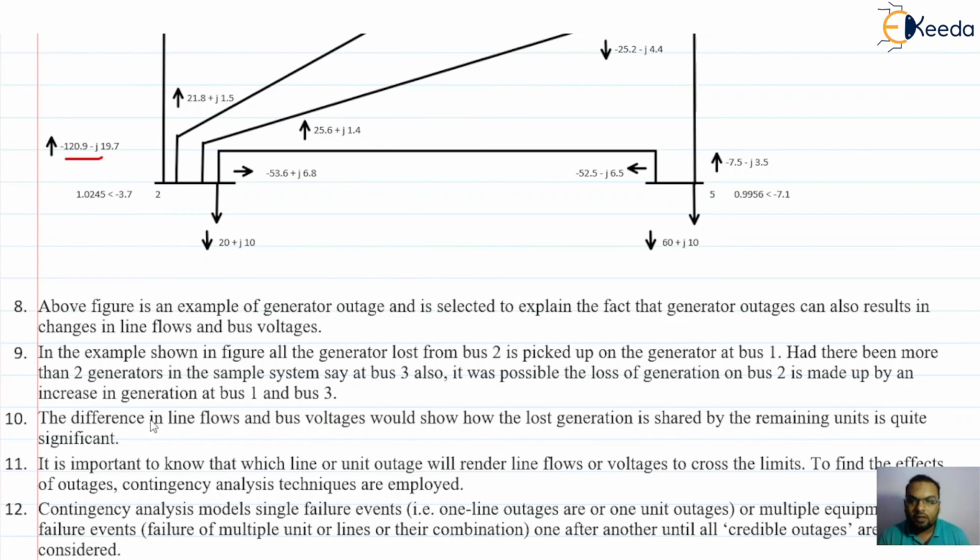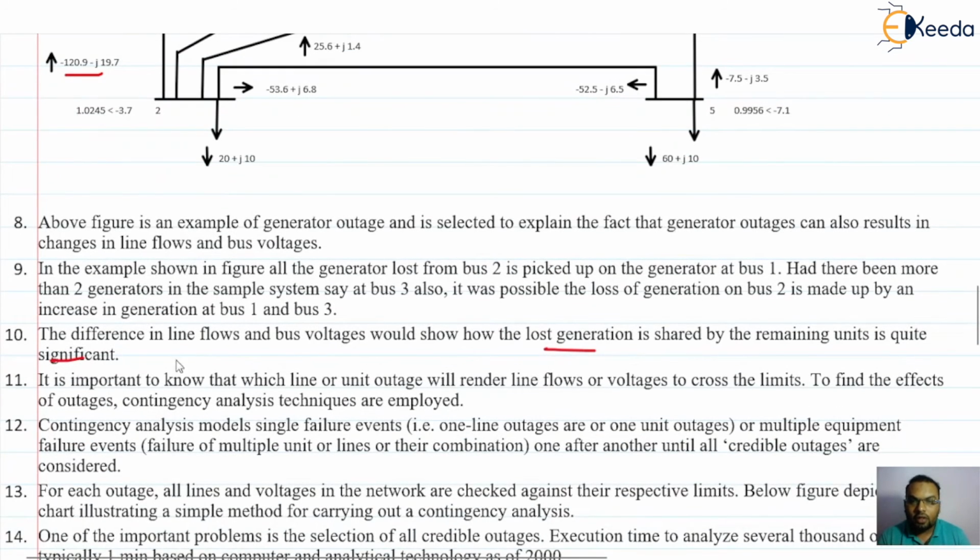See, the difference in line flow and bus voltage shows that the lost generation shared by the remaining unit is quite significant. Again, it is important to know which line or unit outage will render line flow and voltage to cross the limit.